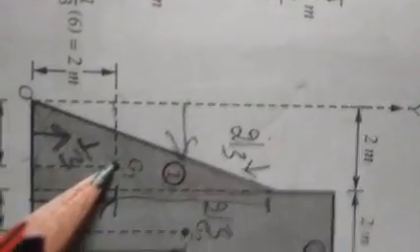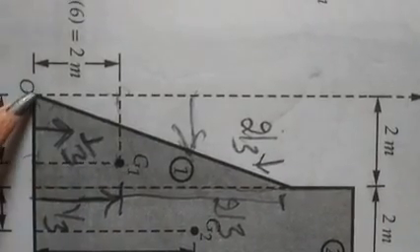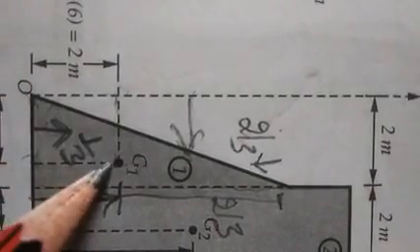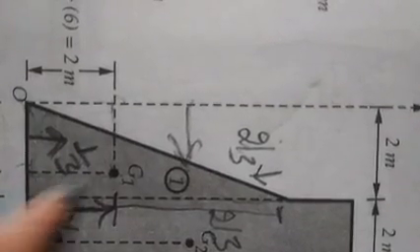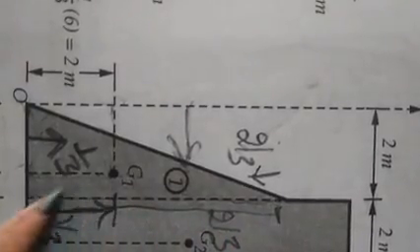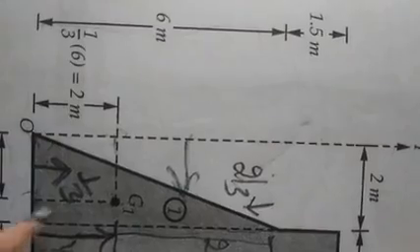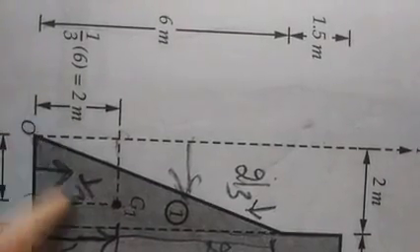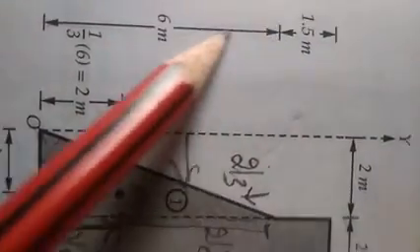So remember, the centroid is located here, the origin is here, so I need to come from this end, and that's why the distance is 1/3. Okay, the centroid will be located at 1/3 of its base length. The base length is given as 6 meters.